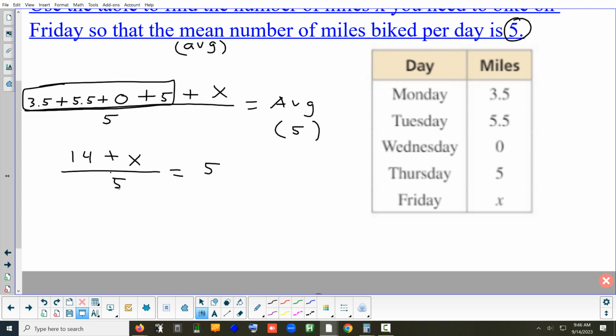If I give you a problem on the test that has an average in it, the first thing you do is multiply each side by the number in the bottom, 5. Now we have a times 5 and a divided by 5. What happens when you multiply by 5 and then divide by 5? They cancel out.